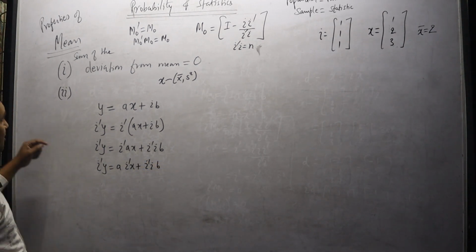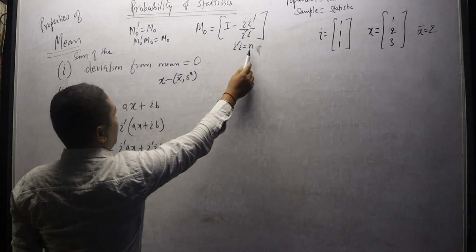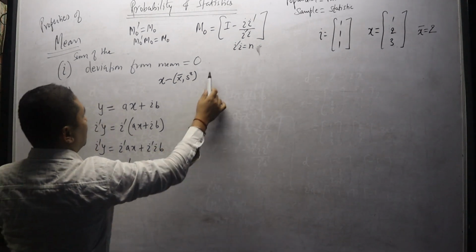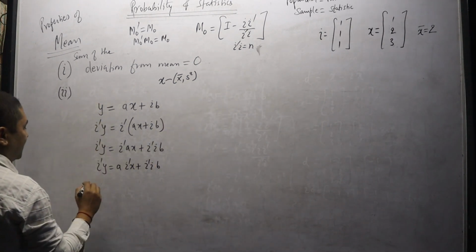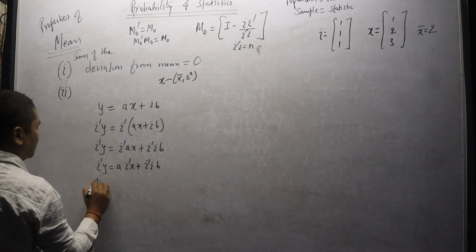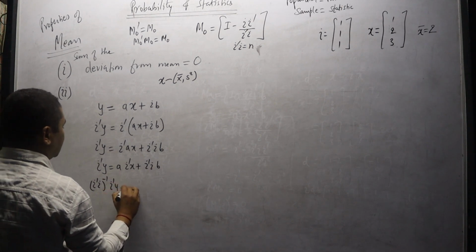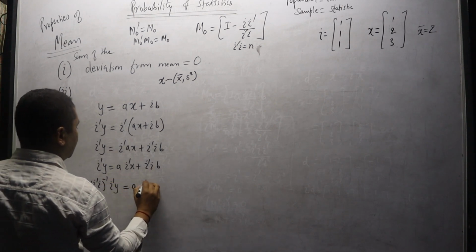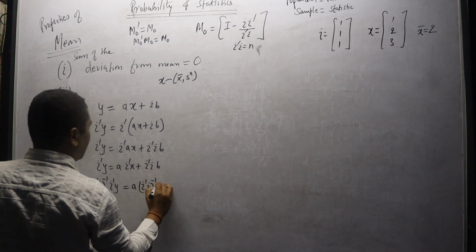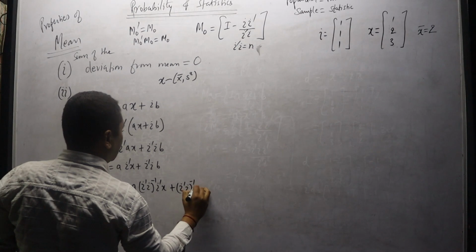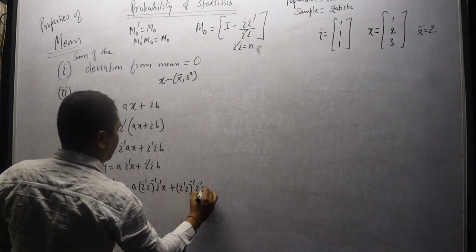To calculate its mean, let us divide by n. That is equivalent to dividing by I transpose I on both sides. Dividing by I transpose I is equivalent to multiplying by I transpose I inverse on both sides. So I transpose I inverse I transpose y equals a, which is constant, times I transpose I inverse I transpose x, plus I transpose I inverse I transpose I times b.